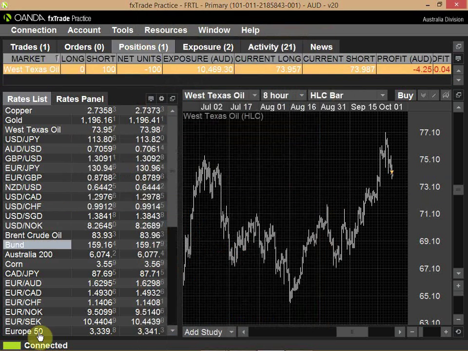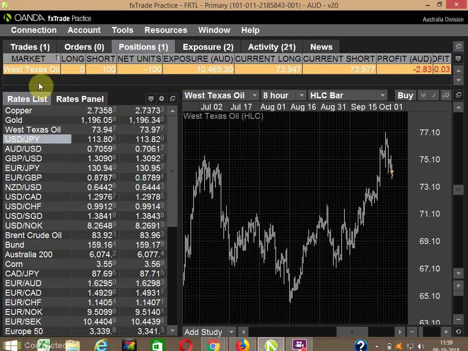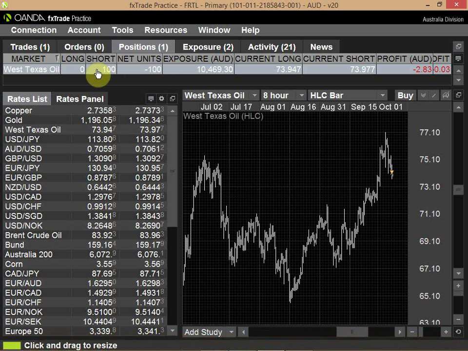So if you see my position now, I have a short of 100. This is just in terms of units, sorry, this is actually 100 barrels, it's not 100 futures contracts, it's just 100 barrels.